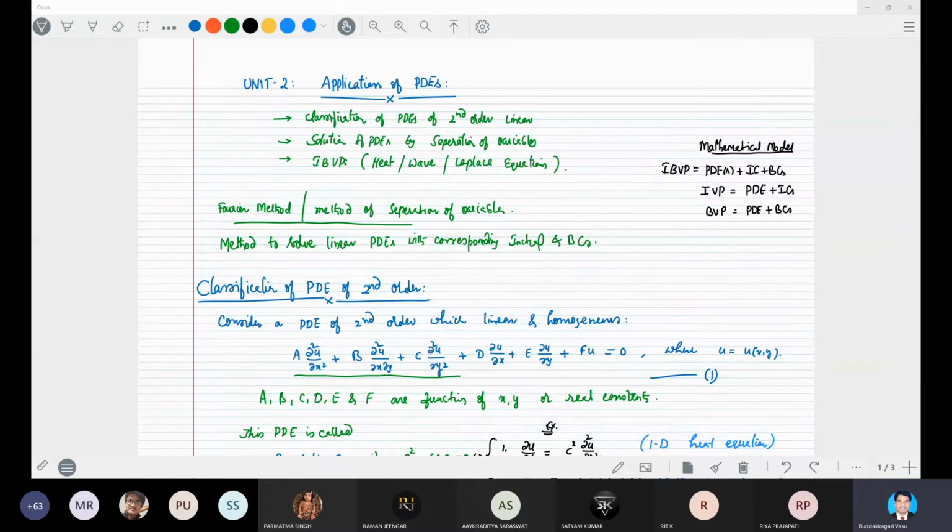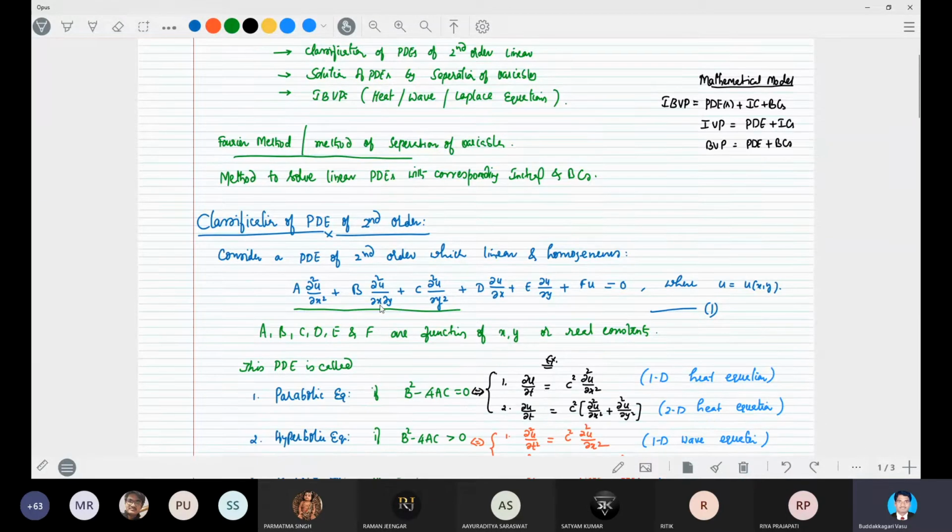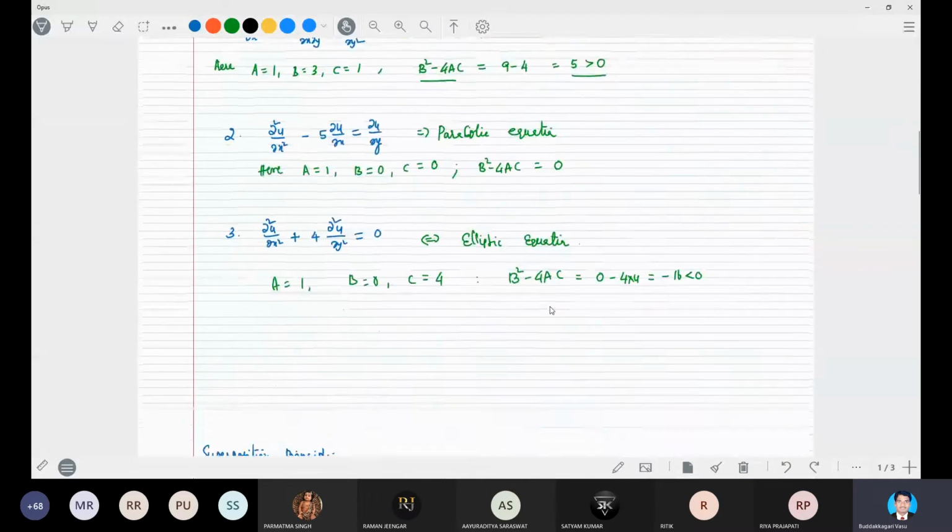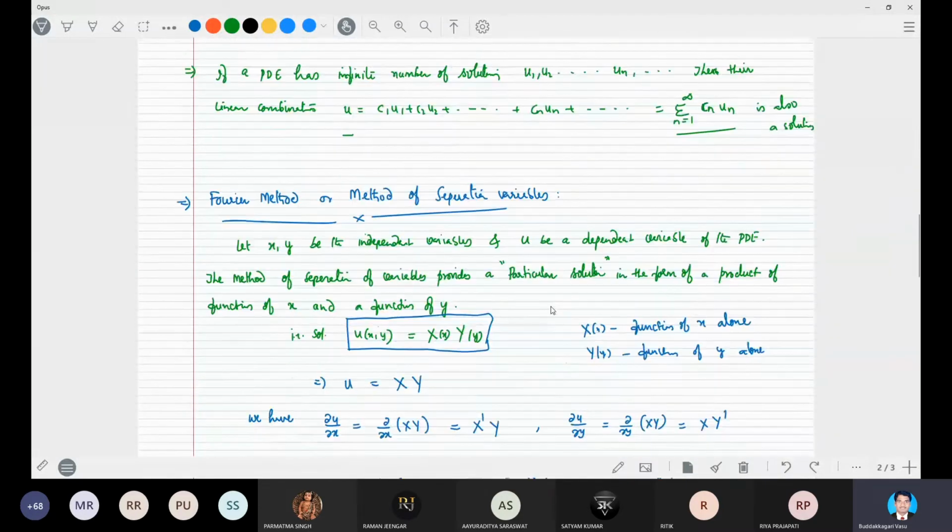Yes. So, in continuation of the last class, we've seen the applications of PDEs, the classification of PDEs of second order, as well as the method of separation of variables we have explained, right?